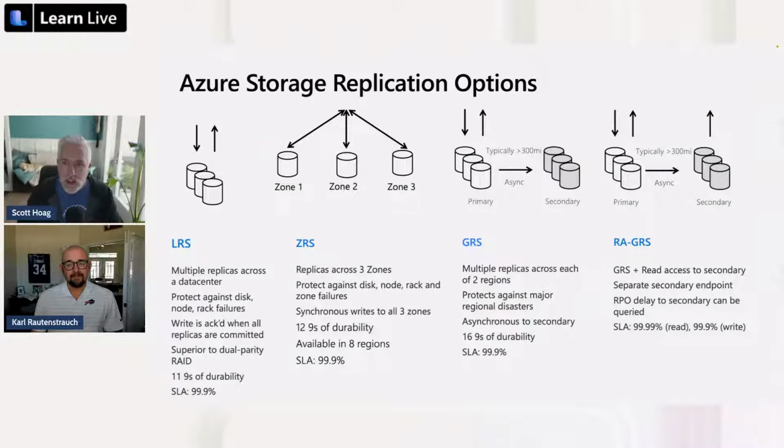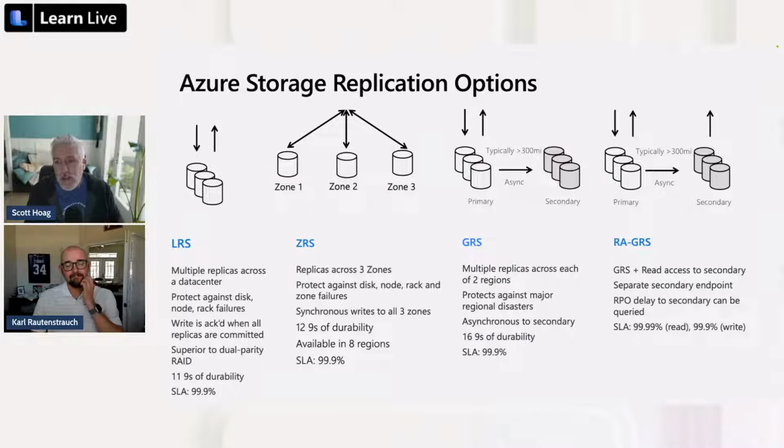I'll call out East US is paired to West US. So if you provision a geo-redundant storage account where your primary is East US, we'll automatically replicate your data over to that secondary in West US. So if the primary ever goes down, you have an option, if Microsoft ever executes a failover, to make sure that your data is available.